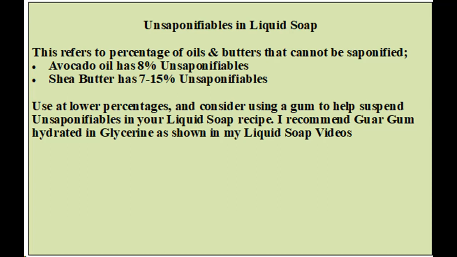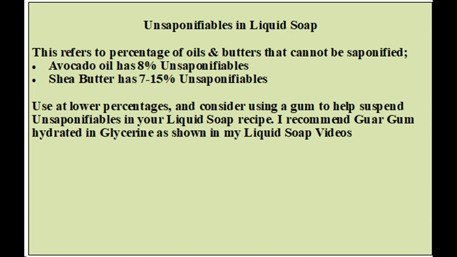I don't want to go too high because there'll be a lot of free-floating oils, but I do use guar gum to suspend any unsaponifiables that may come out in the end result, and I'm experienced in doing that. If you wanted to give it a try, that's completely fine. I recommend hydrating guar gum first in glycerin before adding it into your liquid soap, and I've demonstrated this in my liquid soap videos.